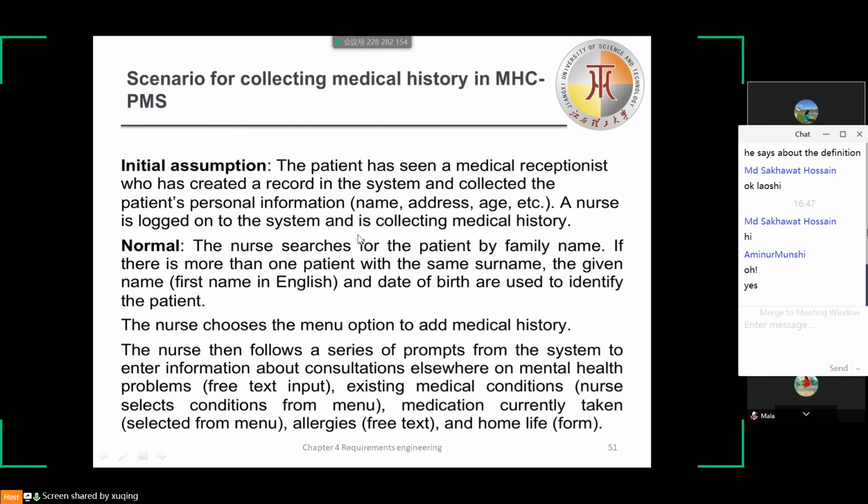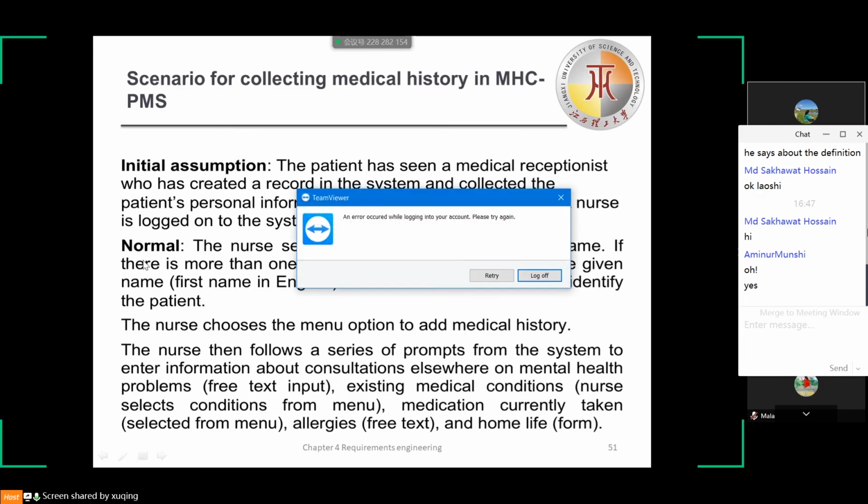Here, we will look at this scenario in detail. As we have said, we include the initial assumption, the normal situation. We see here the initial assumption is the patient has seen a medical receptionist who has created a record in the system and collected the patient's personal information.